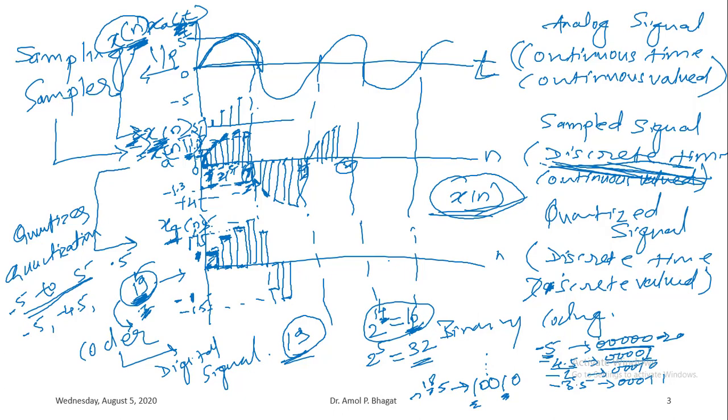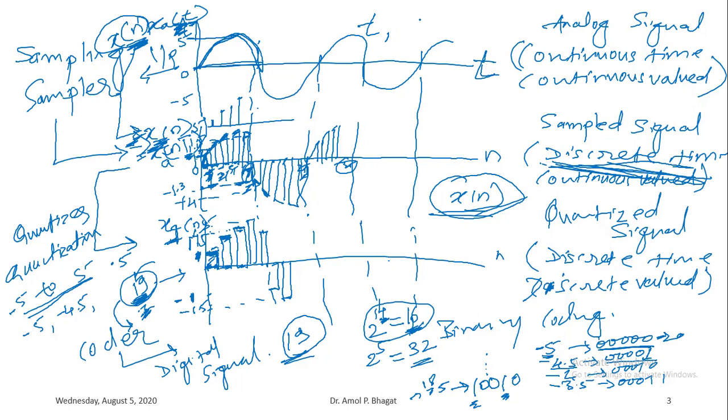While getting the analog signal back from the digital signal, that is in the case of the digital to analog conversion process, initially your analog signal should be properly sampled. So the sampling rate plays an important role. Small t is the time unit for your analog signal.